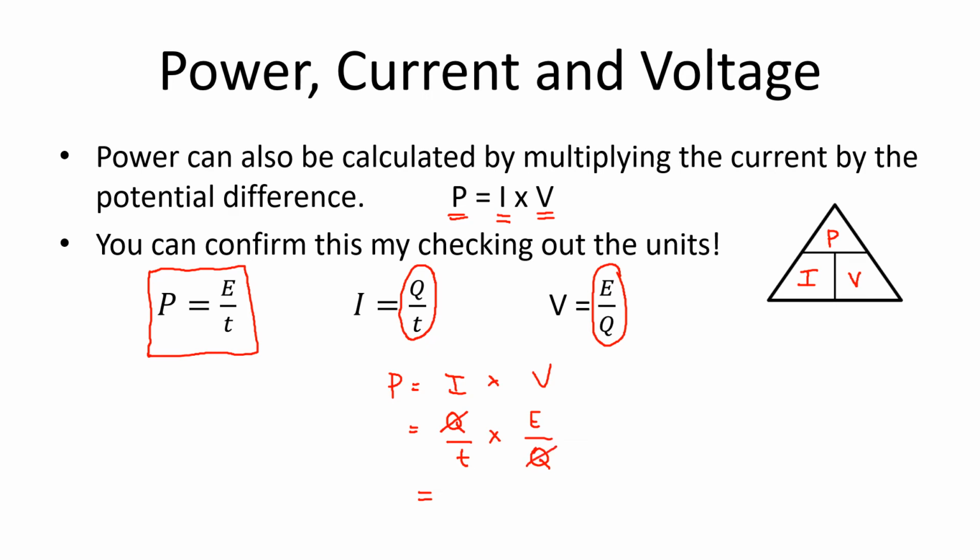Q divided by Q is just 1, right? And you're left with energy divided by time, right? From the same calculation, right? So there's a neat connection between both of those that will help you to deduce the power of a given device using either the energy and the time, or you can use the current and the voltage.